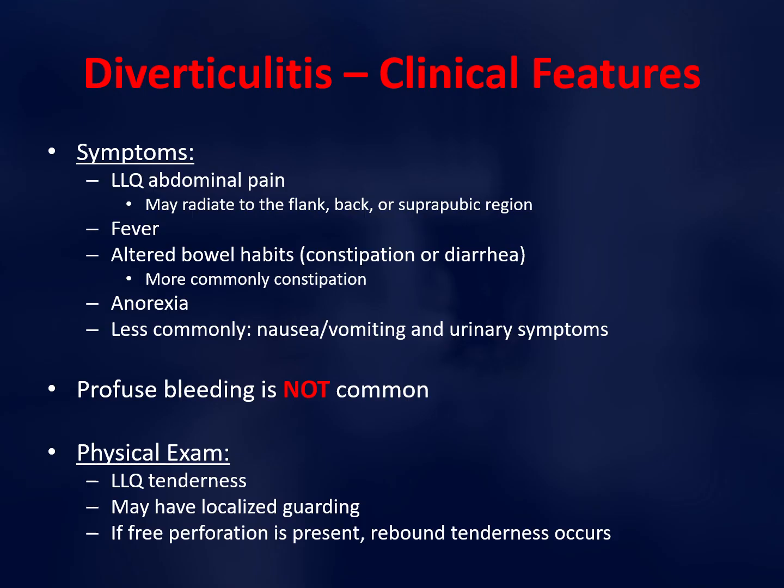It's not common to have a bleed associated with diverticulitis, and on physical exam we have left lower quadrant tenderness, sometimes localized guarding, and if there is a free perforation with abscess or peritonitis, rebound tenderness occurs.